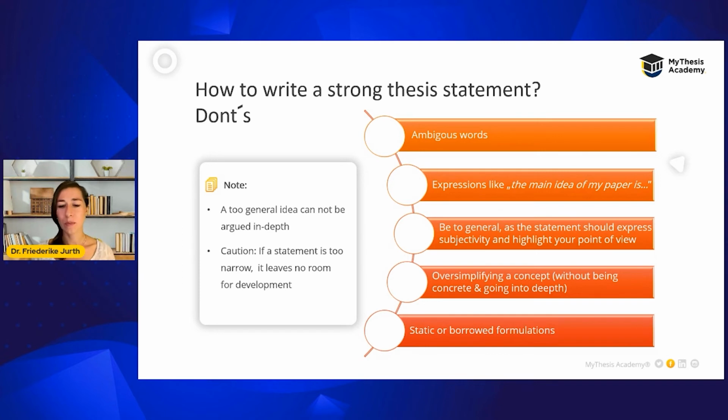Try to avoid being too general, because the statement also should provide your individual point of view and as such a certain subjectivity. Try not to oversimplify concepts without being concrete and going into depth. And as I mentioned, avoid some static and borrowed formulations.